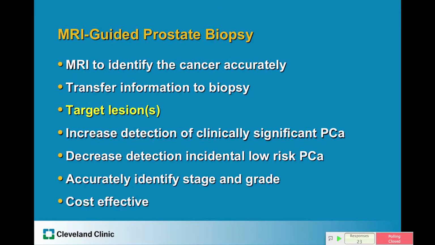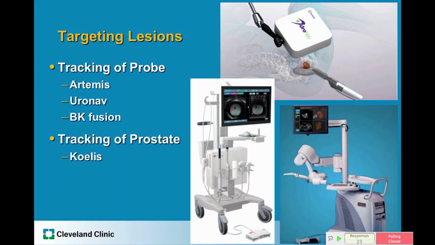What about targeting of lesions? So you have the information, the image is in front of you. How are you going to guide your biopsy to that lesion? And there are a number of technologies out there. This is just a few of them, the more popular ones.